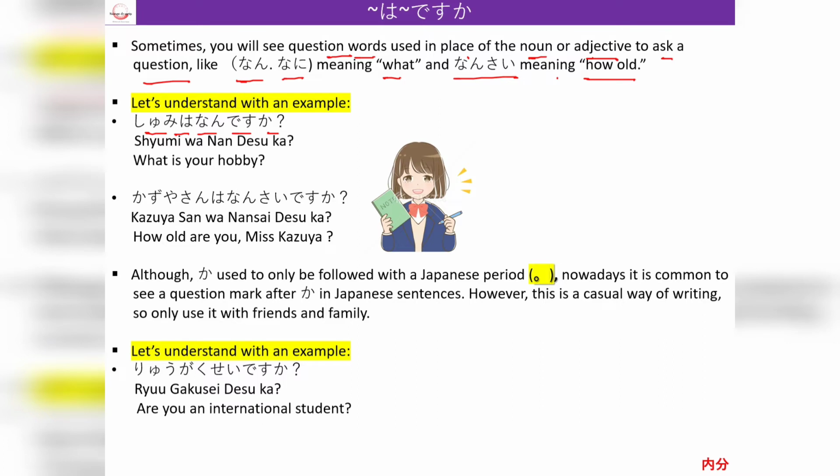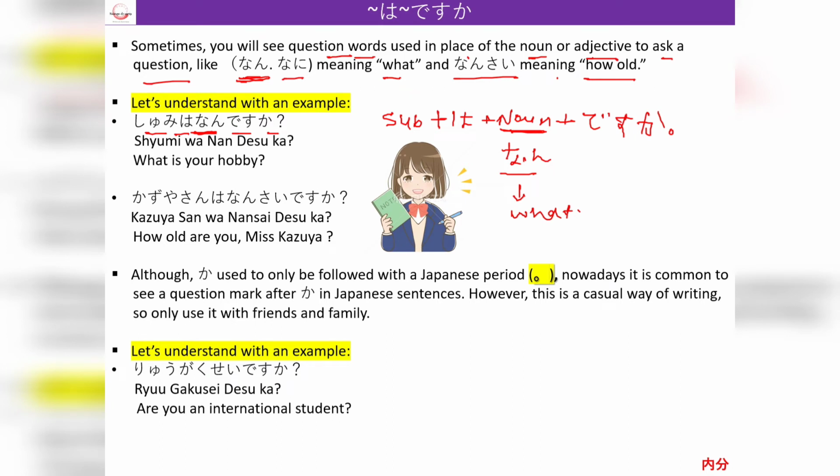So here we have replaced the noun with nan, because our sentence pattern is subject plus wa plus noun plus desu ka. So here we have replaced this noun with the question word nan, which means what. With the help of this pattern, we can ask any question of a person.